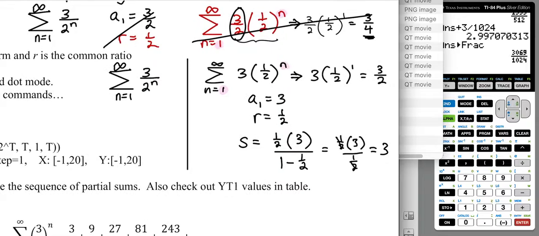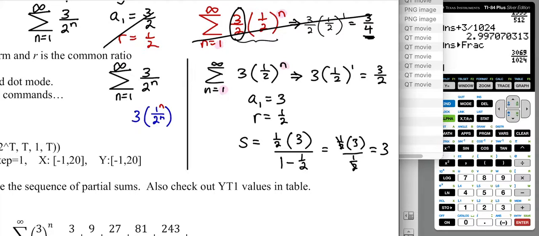So what I can do is I can say, well, I got 3 over 2 to the nth. How about 3 times 1 over 2 to the nth? All right. Now, if I wanted to write this as, instead of 1 over the denominator squared, I could actually assume that the power of the 1 is also n, because 1 to any power is still 1.